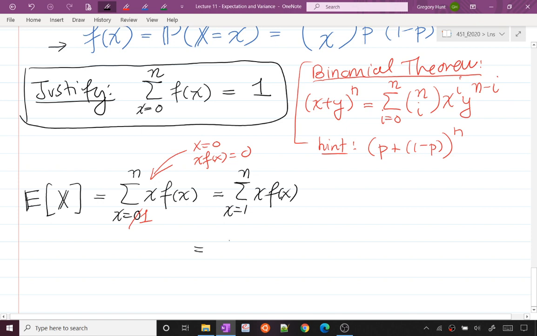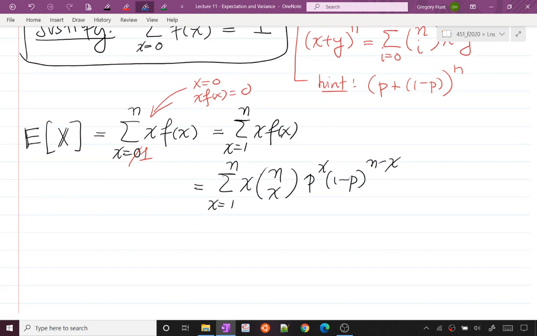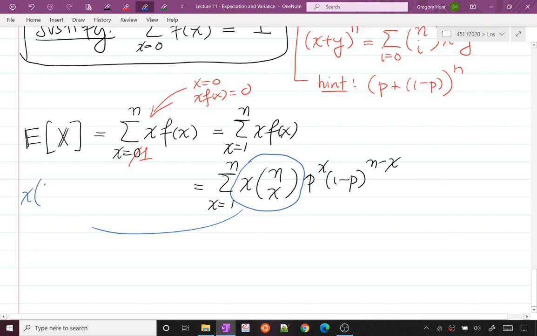Let's expand out what f(x) is. This is the sum, x goes 1 to n, of x times n choose x, p to the x, 1 minus p to the n minus x. As an aside, I want to look at the term x times n choose x. Let's expand out what n choose x is. It's n factorial over x factorial, n minus x factorial.